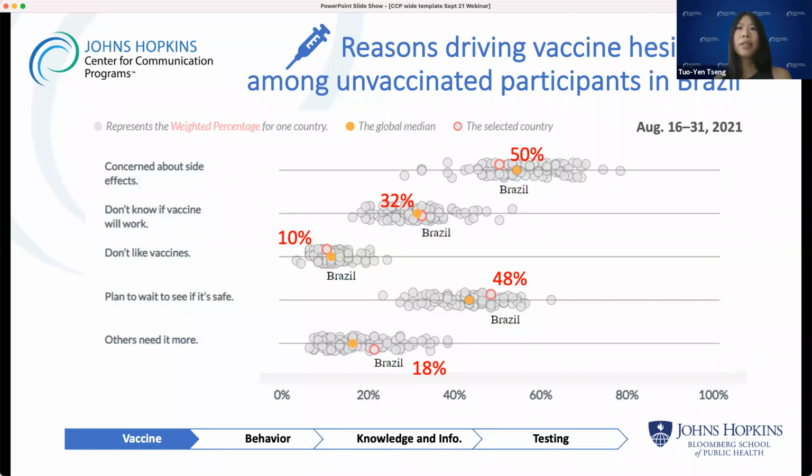We can see that in Brazil, the top reasons reported between August 16th and 31st were concerns about vaccine side effects, planning to wait and see if it is safe, and uncertainty about the effectiveness of the vaccine. When clicking on a data point, more detailed demographic breakdown will appear in the side panel. Let's take a look at concerns about vaccine side effects.